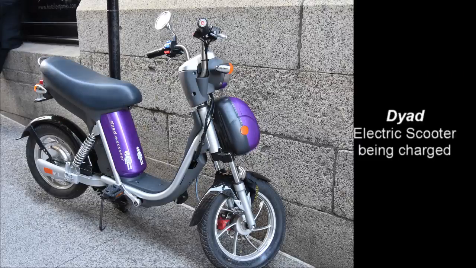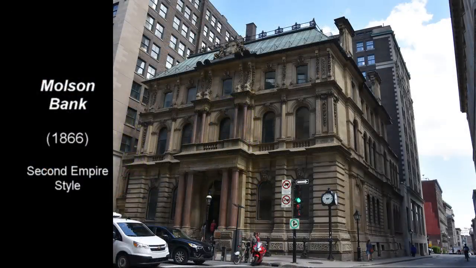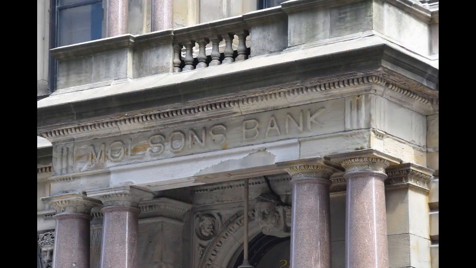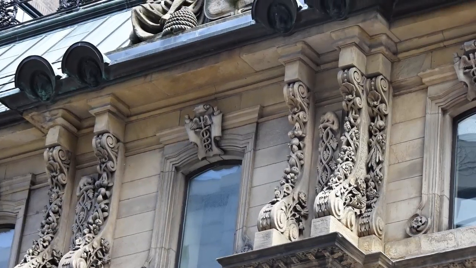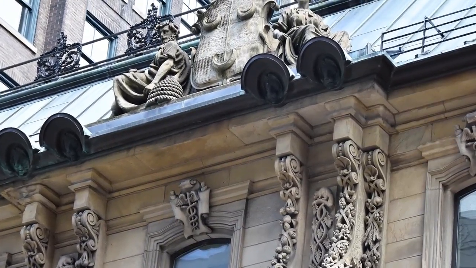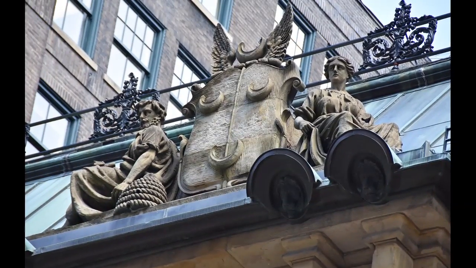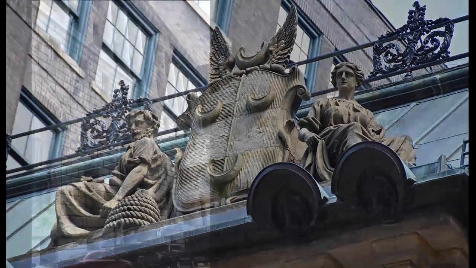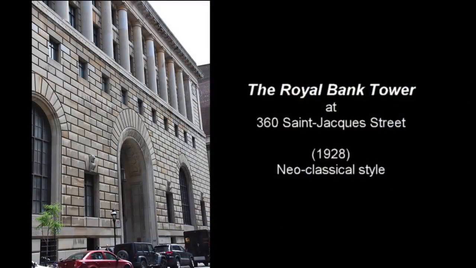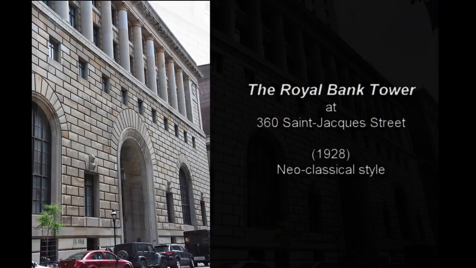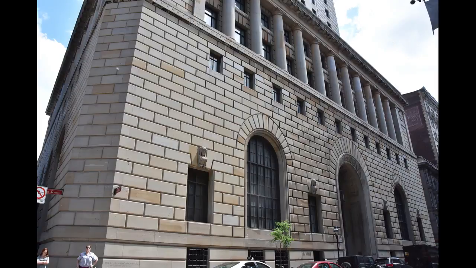An electric scooter being charged. The Molson Bank 1866, Second Empire style. The Royal Bank Tower, 1928, in neoclassical style.